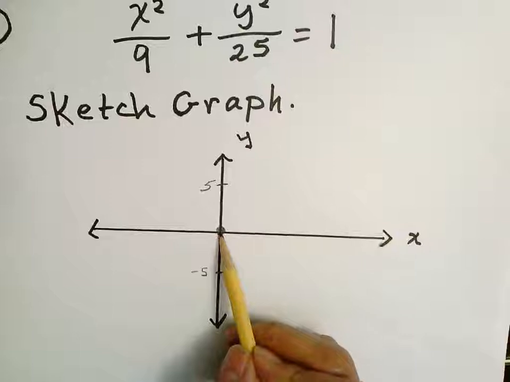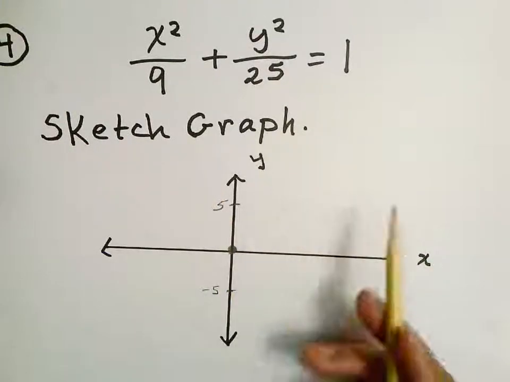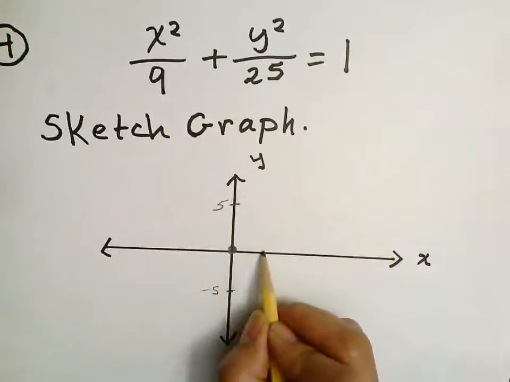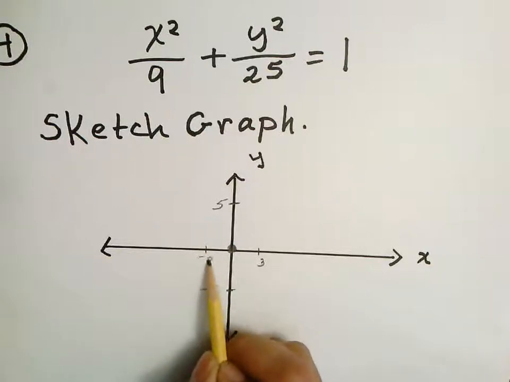Remember, we always move from the center. The B, remember, was 3. That's under the X variable, so we go to the right 3 units and to the left 3 units.